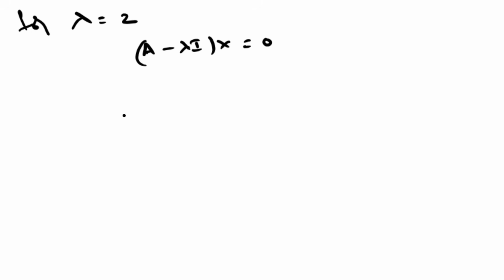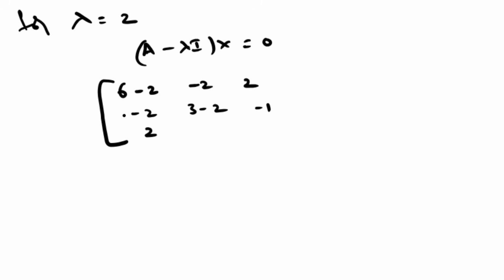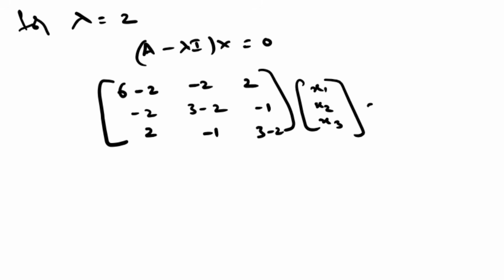Therefore the matrix is 6 minus 2, minus 2, 2; minus 2, 3 minus 2, minus 1; 2, minus 1, 3 minus 2, into x1 x2 x3 is equal to 0 0 0.